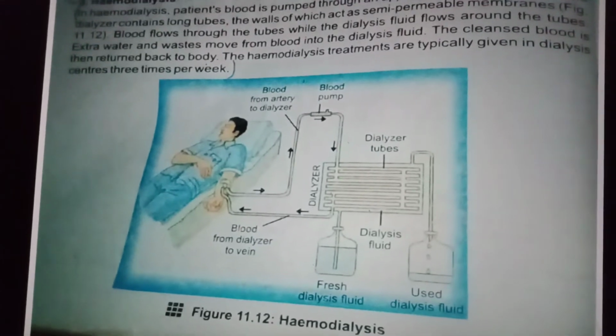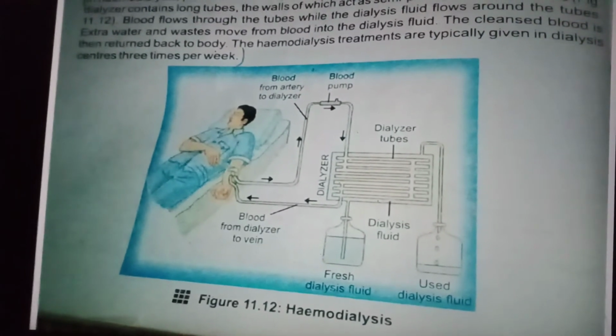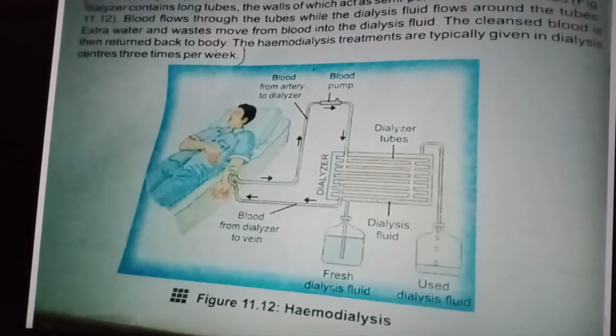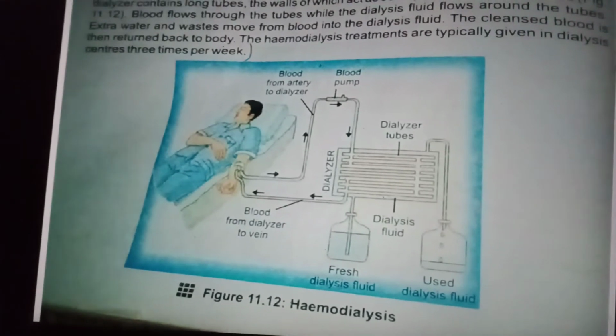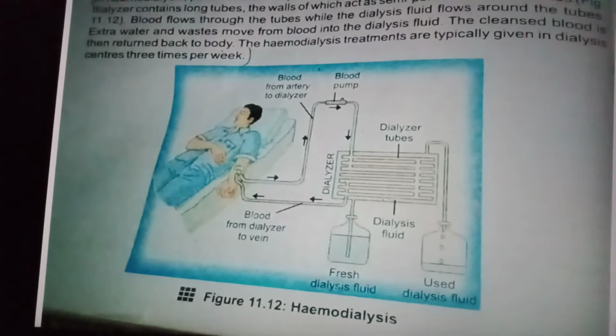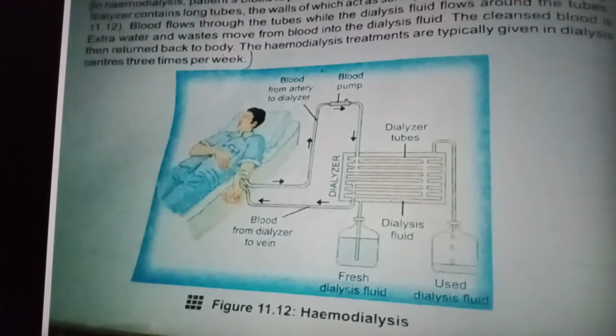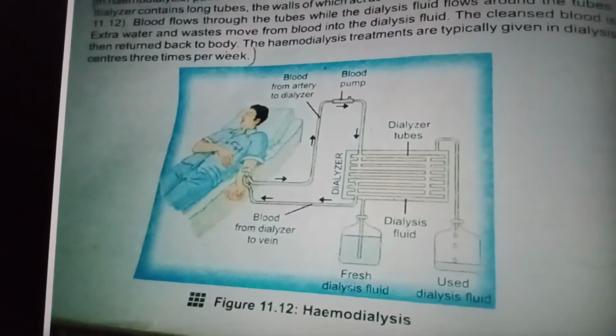So here you can watch that blood from the artery to the dialyzer is going. Blood is pumping towards the dialyzer tubes, and here is the dialysis fluid. And there are 2 containers with fresh dialysis fluid and used dialysis fluid.